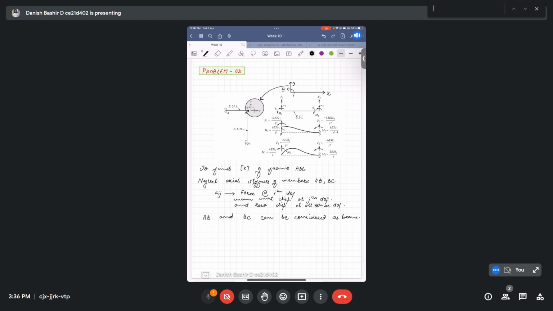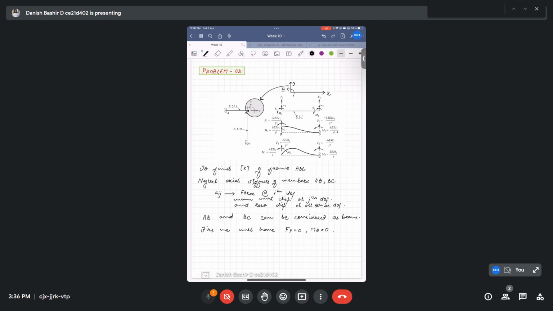So we are now, first, we will have Fy equal to 0, and we will have moment M theta equal to 0.